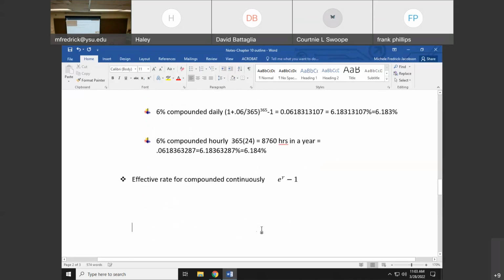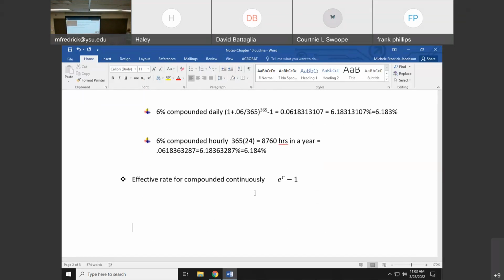Okay, effective rate for compounded continuously. You don't see very much of this unless it's something you owe. Sometimes they'll do something like this, but it's just continuously compounding. So the formula for that is e to the r minus 1. Remember, e is the function in your calculator right by the ln button.